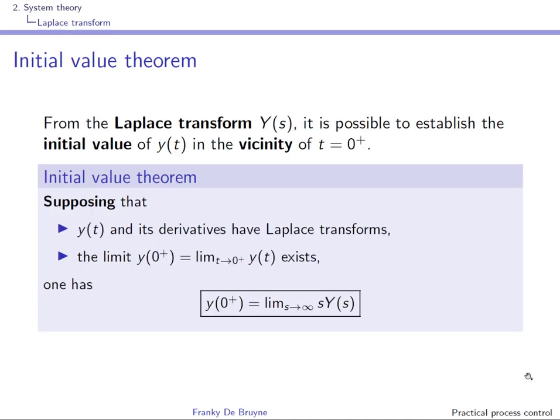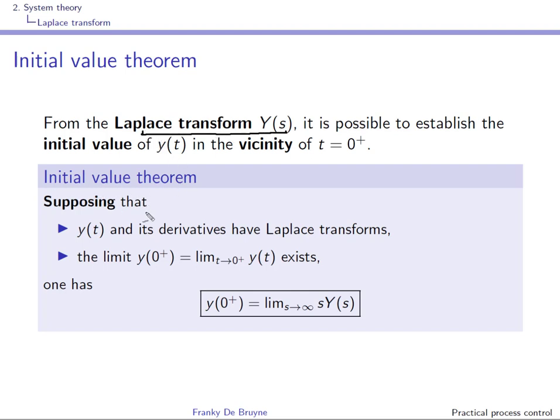Well, what we'll use very often is the initial value theorem, and then afterwards also the final value theorem. The idea is that you can establish the initial value of y of t. This is the value of y of t in the neighborhood of 0 using the Laplace transform of y of t.